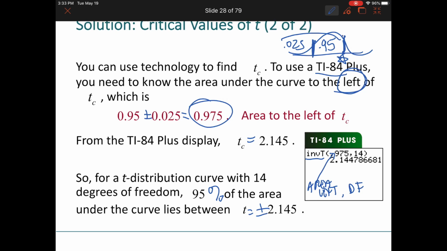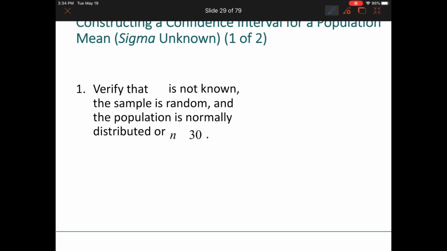So 95% of the area under the curve lies between t equals plus and minus 2.145. And yes, now we're back to the area in the middle, the 95%, but the calculator wants to go to the left. The table wants to go to the right. So be sure you're clear on the difference if you are a TI-84 user.